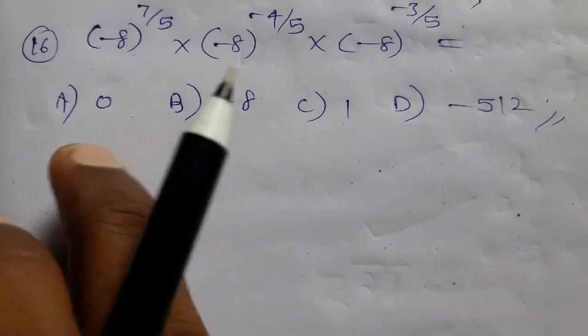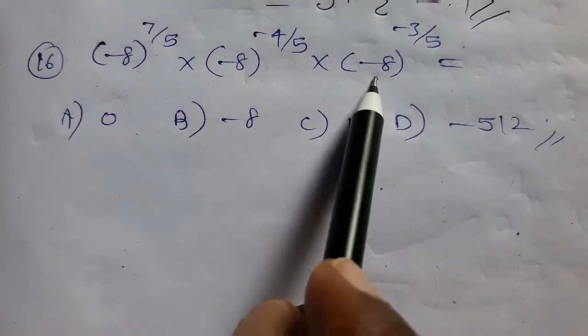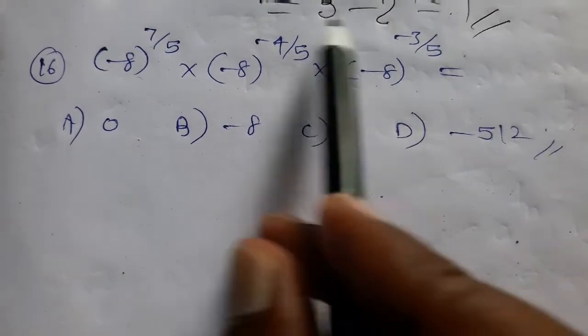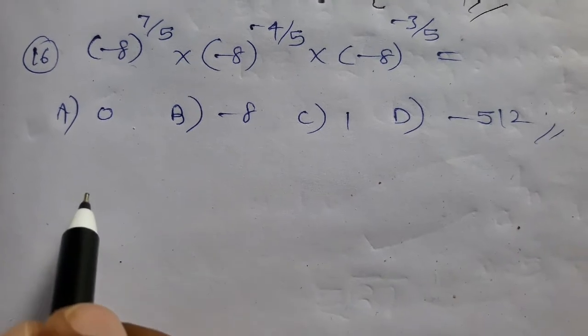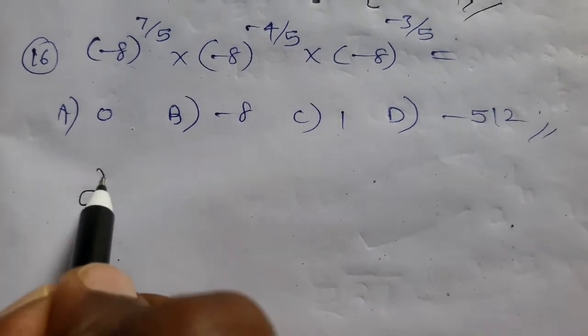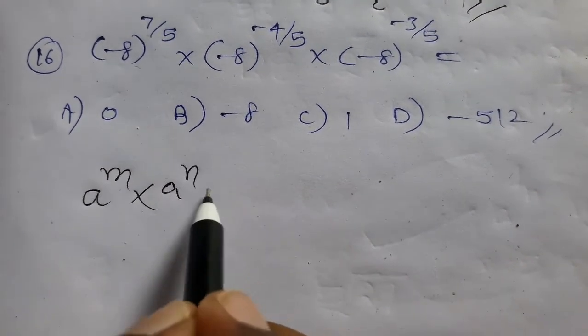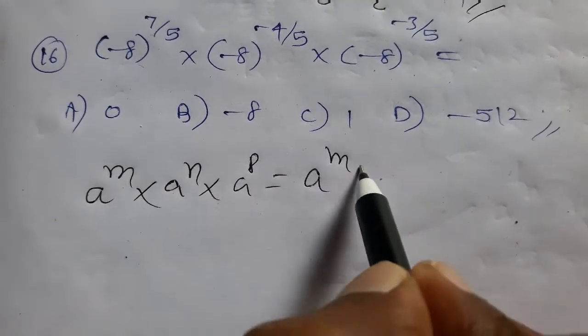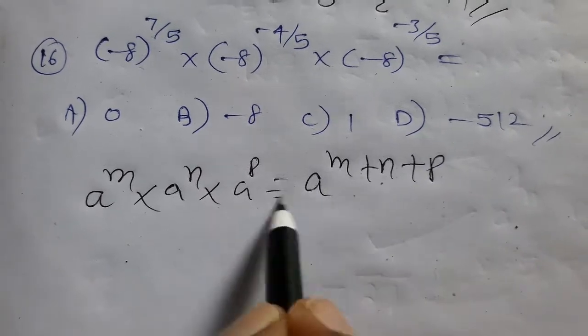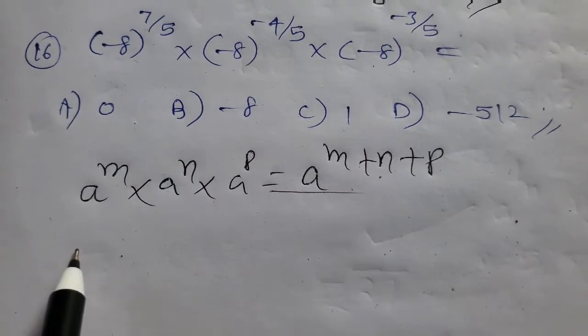Now move to the next question. See here, the bases are the same, minus 8, minus 8, minus 8, but the powers are different. So a power m into a power n into a power p equals a power m plus n plus p. That formula, isn't it?